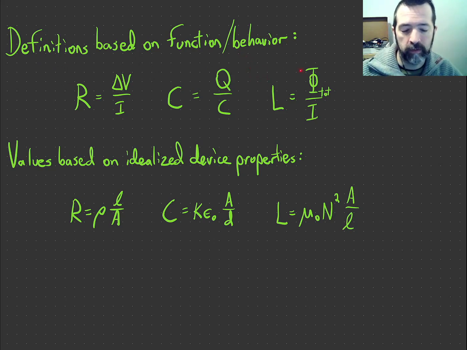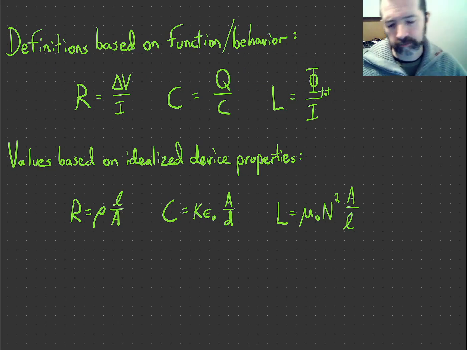Notice that I've written the definition here in the style without the big N, but I did put a little total subscript on the flux just to make you think about the fact that the number of turns is a part of the flux there. But all three of these definitions are based on the way the device operates or behaves, right?